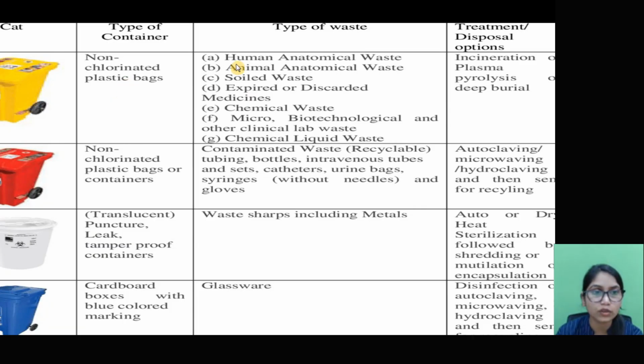Okay, so here you can see, as in the first one also, we discussed which type of waste we will keep here: human anatomical waste and solid waste, expired or discarded medicine, chemical, biotechnological waste, chemical liquid. And what treatment should be given to these wastes? Incineration for this, and for human anatomical and animal anatomical waste, pyrolysis and deep burial, digging and putting all this waste inside. Then they will degrade, or else we can burn this waste, right? So this type of treatment we can give them.